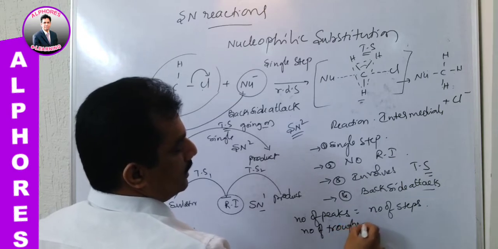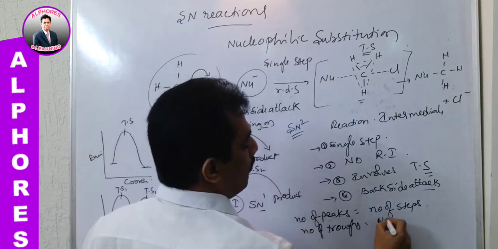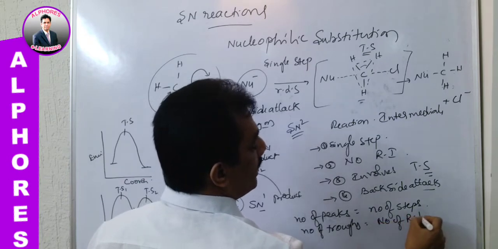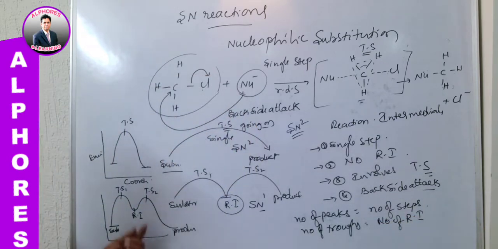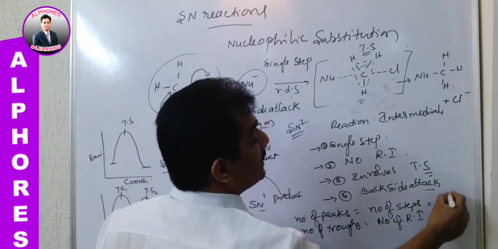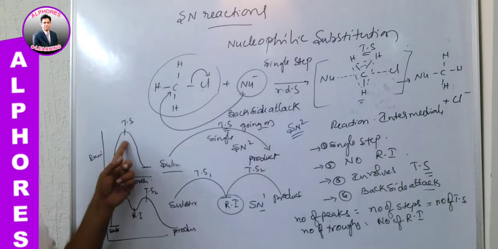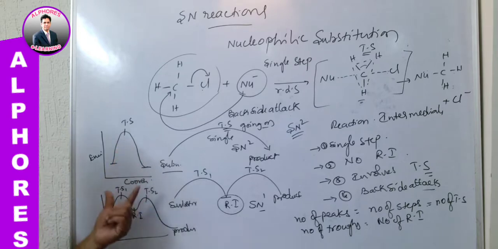And now, number of troughs. Do you know what it is equal to? Number of troughs is equal to number of reaction intermediates. Here you observe, number of peaks is equal to number of steps, which is equal to number of transition states also. 1 peak, 1 step, 1 transition state; 2 peaks, 2 steps, 2 transition states.